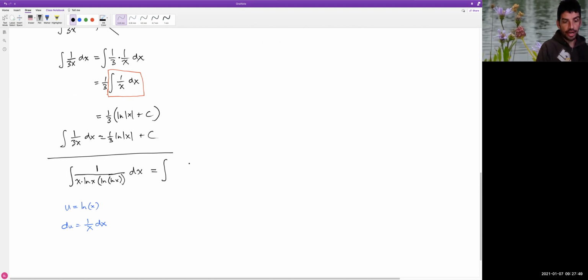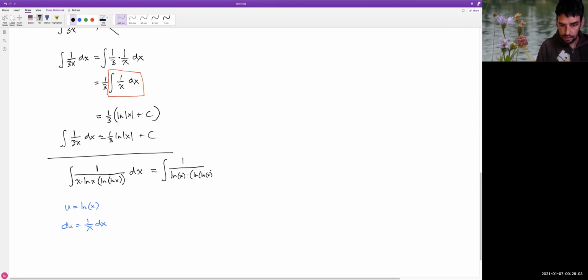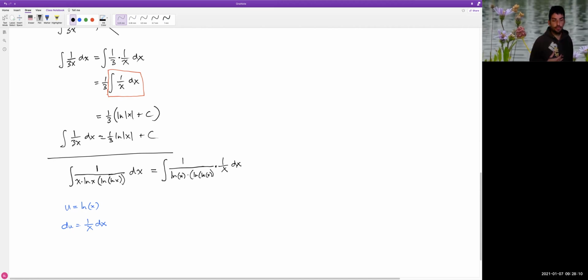I'm just going to rearrange some of the things in the denominator. I've got 1 over natural log of x, natural log of the natural log of x, and I've got 1 over x dx, right? So notice all I did was peel off that 1 over x. This is still the same thing. I just want to make it clear that we've got our 1 over x dx sitting there.